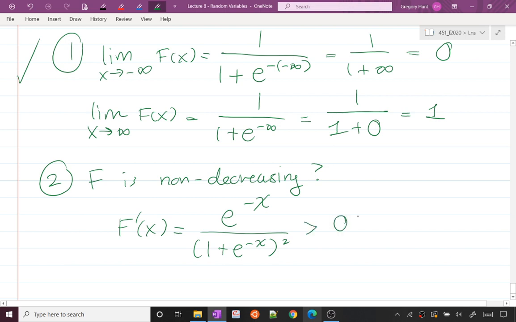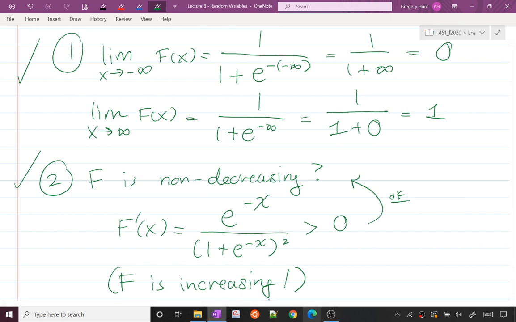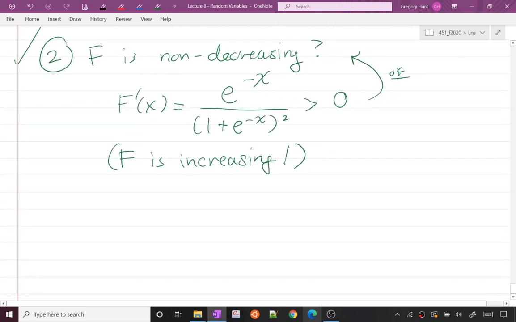This thing is always bigger than 0. So that's okay. If the first derivative is always bigger than 0, it's increasing. This actually shows that f is increasing, which certainly means it's non-decreasing. Because e to the negative x is always positive, and whatever is in the denominator is squared, always positive. The whole thing is always positive, so it increases.